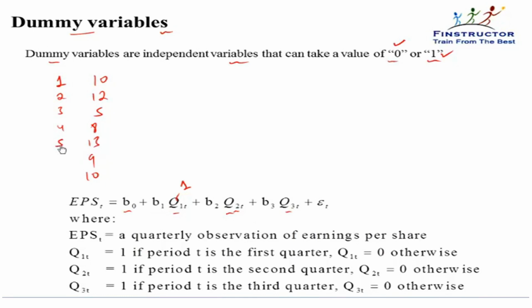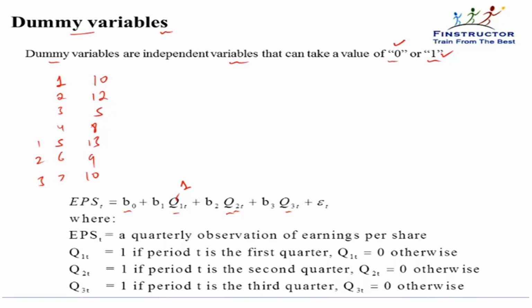For the next year, this was again the first quarter, second quarter, third quarter, and so on and so forth. So I had 40 different values. There would be 10 first quarters, 10 second quarters, 10 third quarters, and 10 fourth quarters.